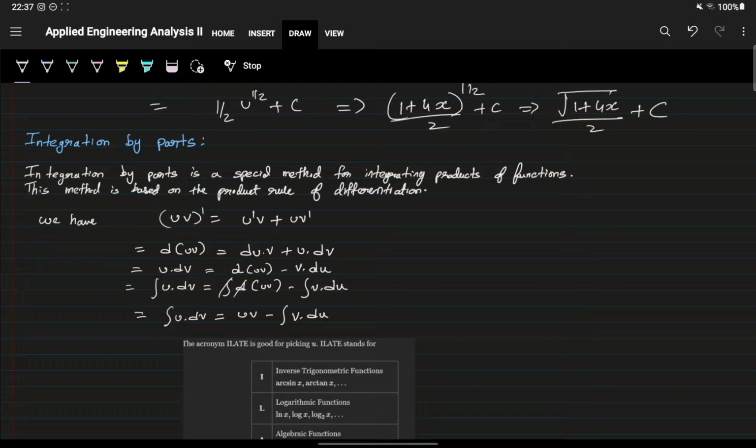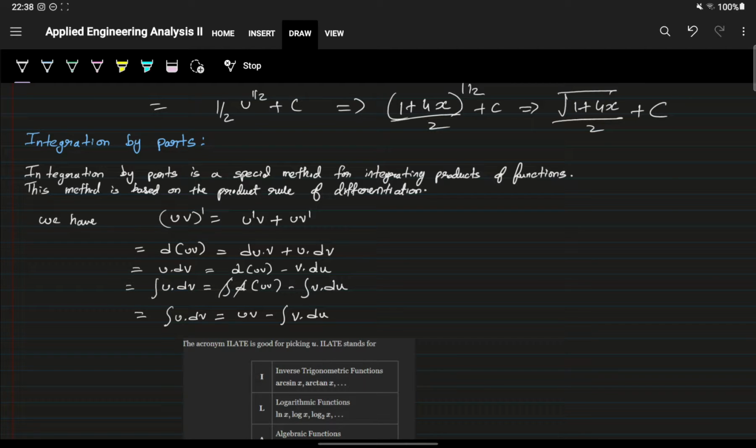Integration by parts is a special method for integrating products of functions. This method is based on the product rule of differentiation. If we remember from the previous video, when we have two functions u and v, the derivative of the product is u prime v plus u v prime.